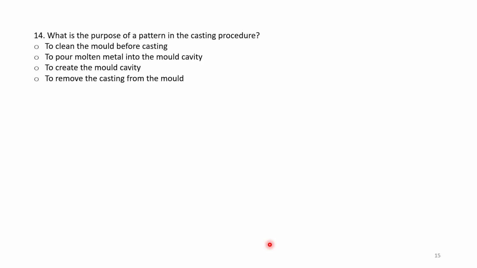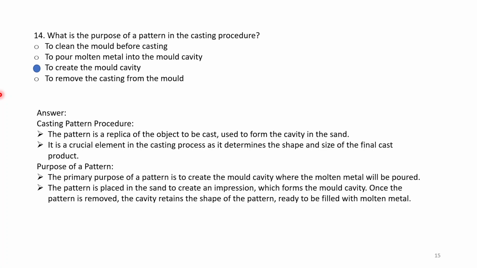Next question is, what is the purpose of a pattern in the casting procedure? Your options are to clean the mold before casting, to pour molten metal into the mold cavity, to create the mold cavity, and to remove the casting from the mold. So the answer will be to create the mold cavity. The pattern is a replica of the object to be cast, and it is used to form the cavity in the sand.